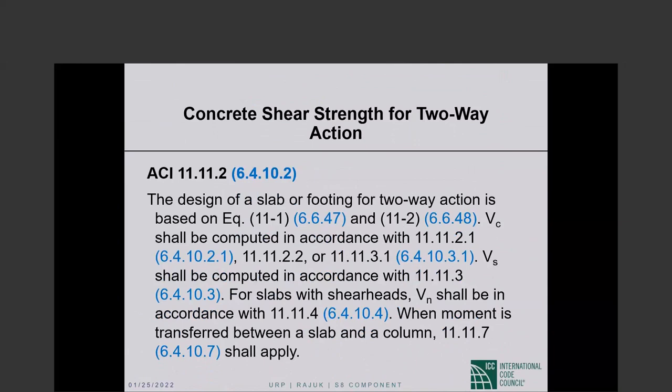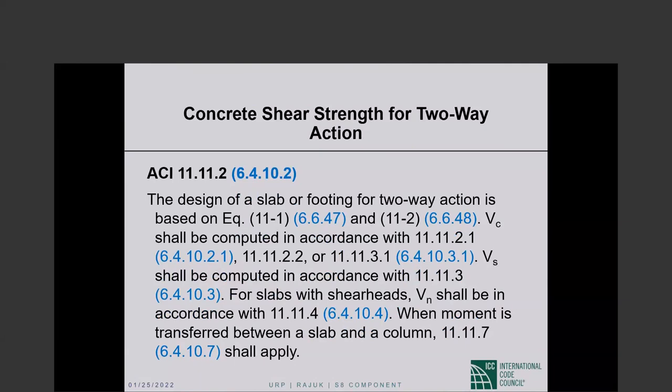Okay, so we have talked about the shear, the required shear strength V sub u, quite a bit. That's the load sitting on the slab panel outside of the critical section. But what is the shear strength? How much punching shear can concrete resist?